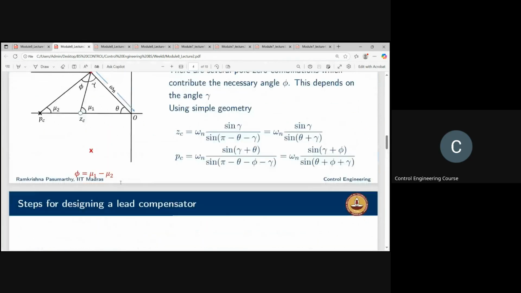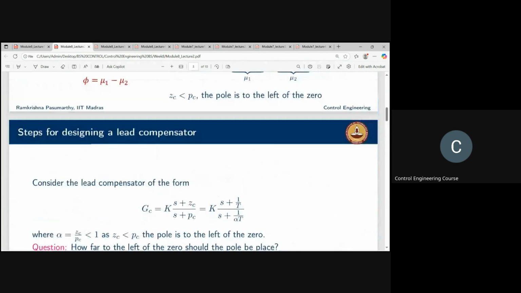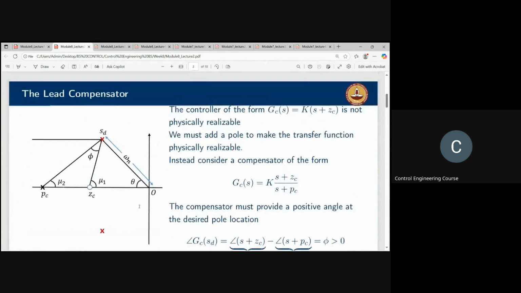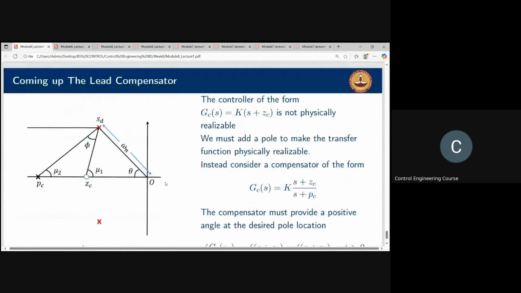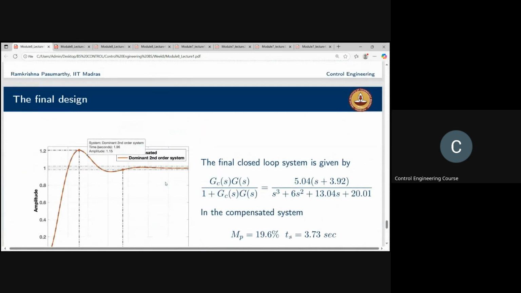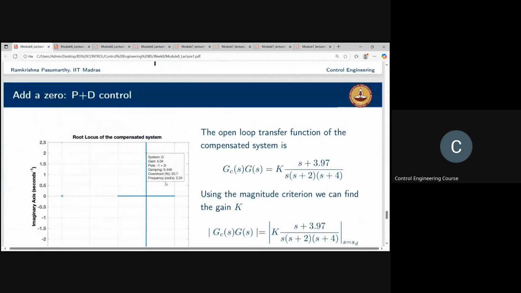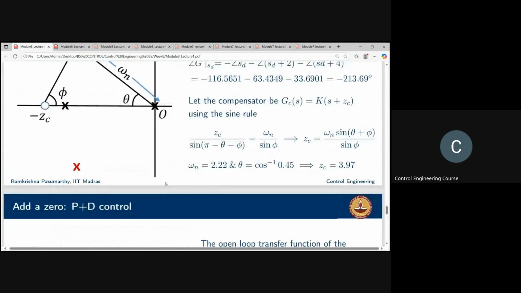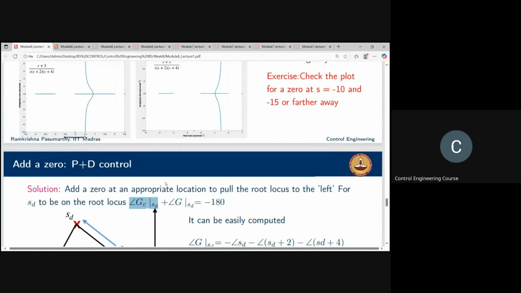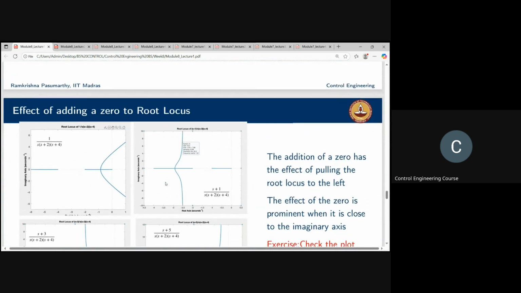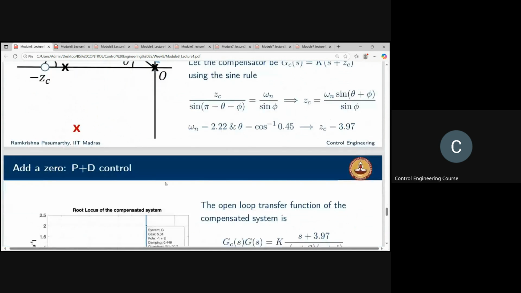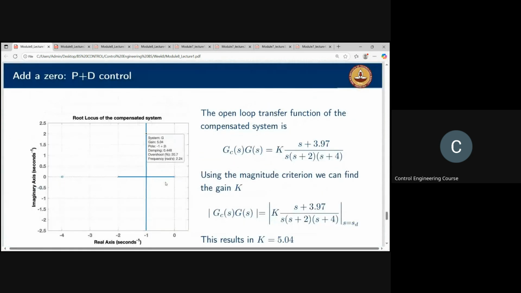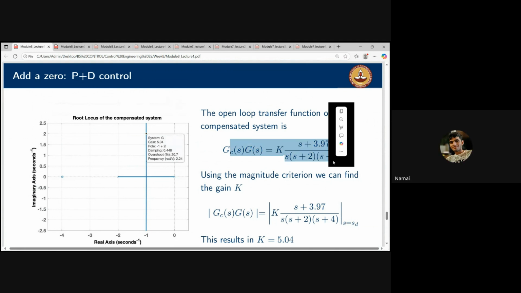So now, what is KV for this system? Yeah, the original system was this, right? Yes, sir.